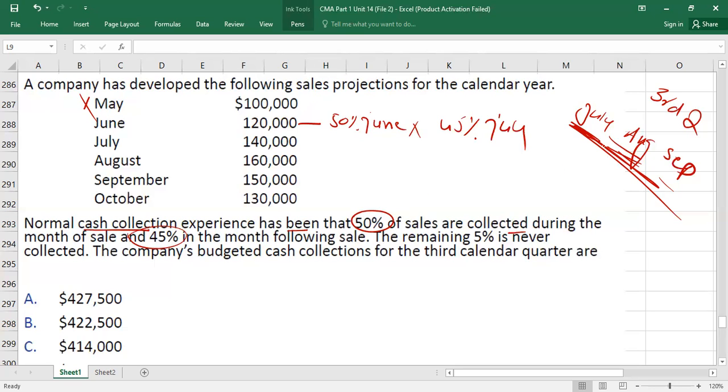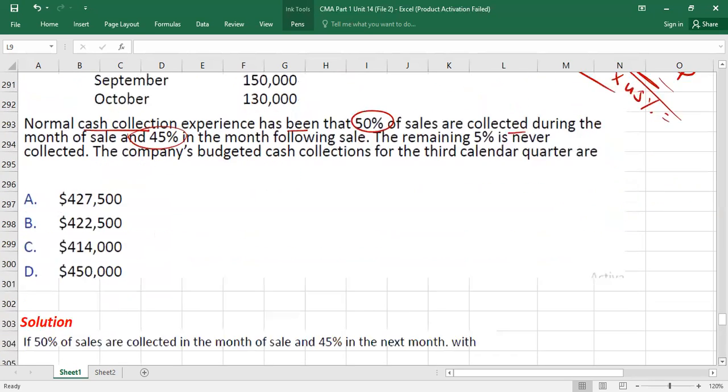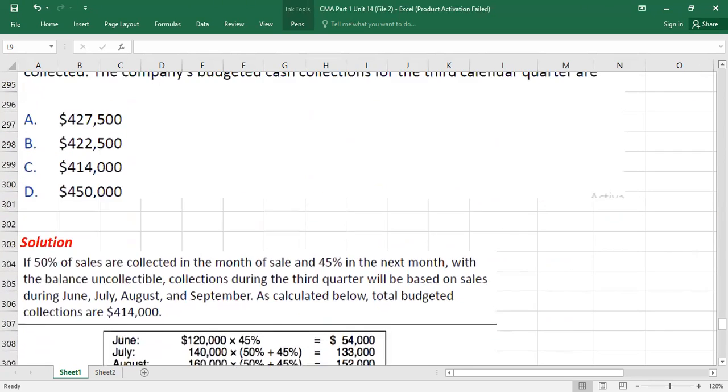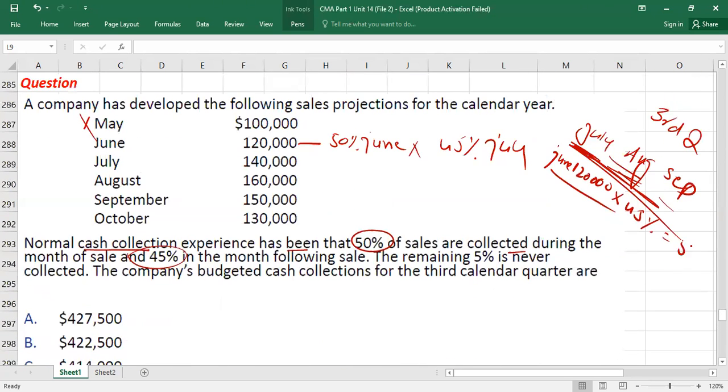You can take 120,000, which is June sale, times 45%. This collection will fall in the month of July. Taking 120 times 45%, it is going to be 54,000. So this is one collection which falls under the third calendar quarter.